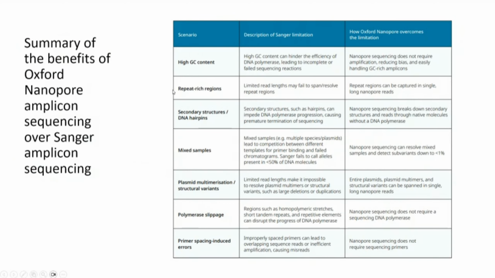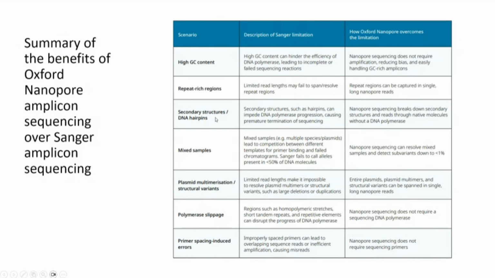Some of the benefits of Oxford Nanopore amplicon sequencing over Sanger amplicon sequencing are tabulated in the table here. If you are familiar with Sanger sequencing, you might have seen its limitation in sequencing amplicons with high GC content. Amplicons with repeats will also cause problems for Sanger sequencing.